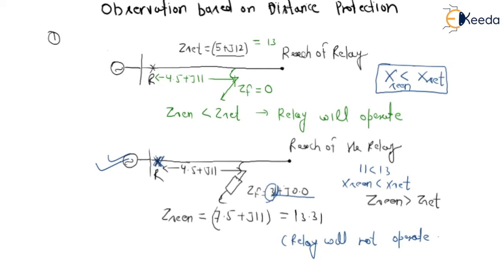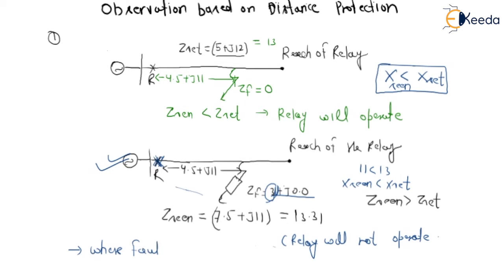One point is left in observation number one: this impedance relay will be replaced by reactance relay, and the same thing will happen where earth fault happens.